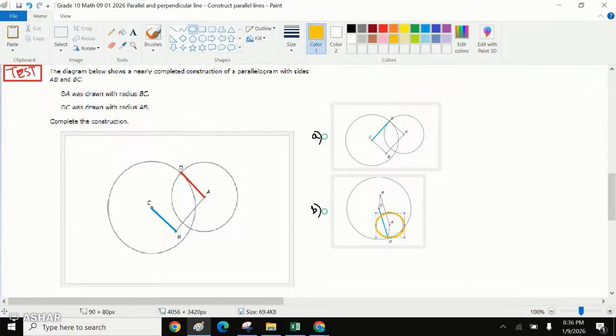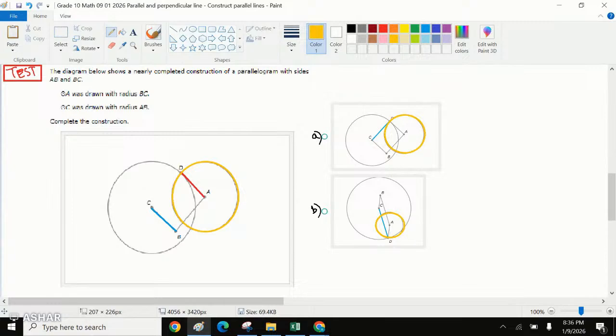In this case the smaller circle is on the right side and it's not so small compared to option B. When we look at the original question, where is the smaller circle? Sorry, just a minute. The smaller circle is on the right side. It's not at the bottom, right? That means option B cannot be our correct answer because it is representing a different question.